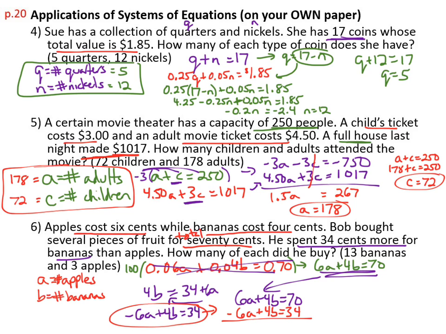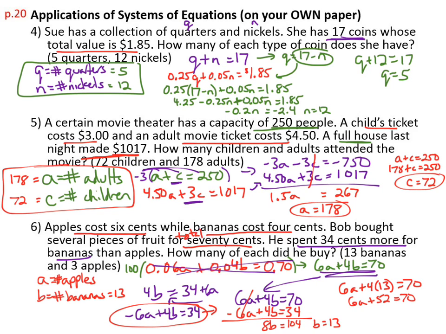So now when I go to eliminate, the 6A's are gone, and we have 8B is equal to 104. So B is equal to 104 divided by 8, which gives us 13 bananas. Then we can go back to that first equation: 6A plus 4 times our B value, which was 13, equals 70. So 4 times 13 gives us 52.